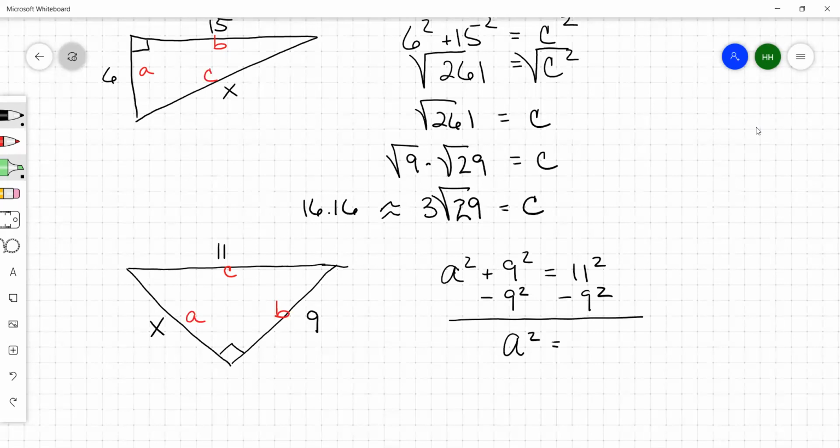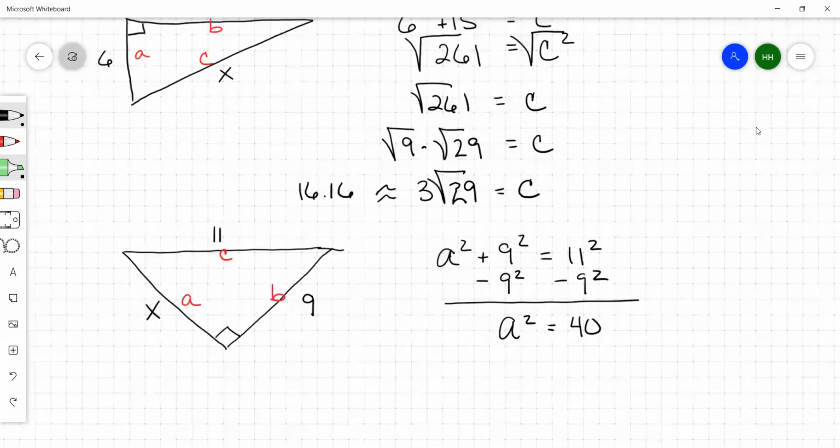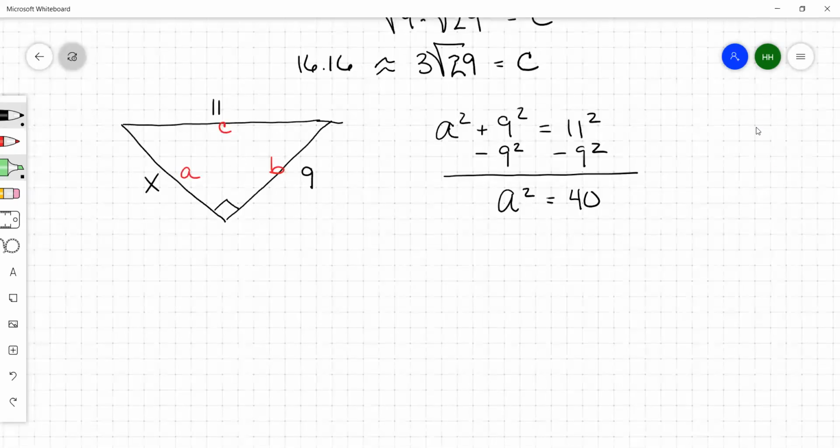In your calculator, you type 11 squared minus 9 squared. And it squares everything and subtracts it for you, and you're just left with a 40. You then find the square root of both sides. So a is equal to the square root of 40. The square root of 40 is equal to the square root of 4 times the square root of 10.